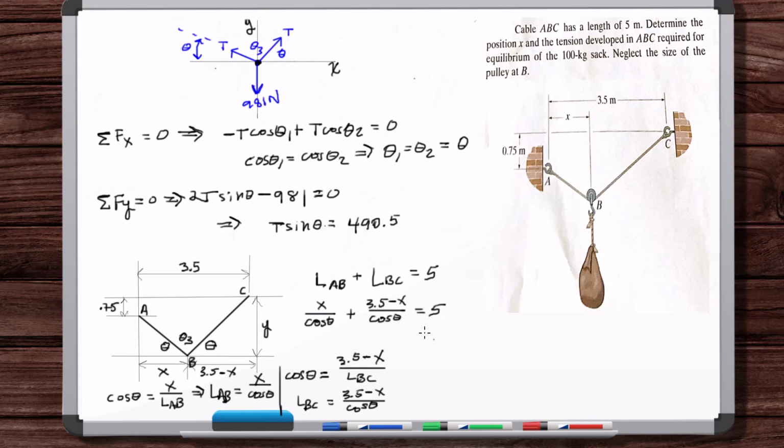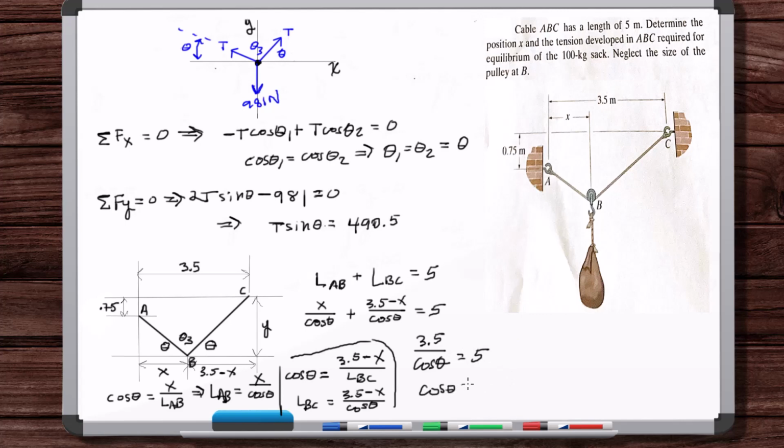These two bases are the same, so you get x plus 3.5 minus x. That's just 3.5 over cosine theta is equal to 5.